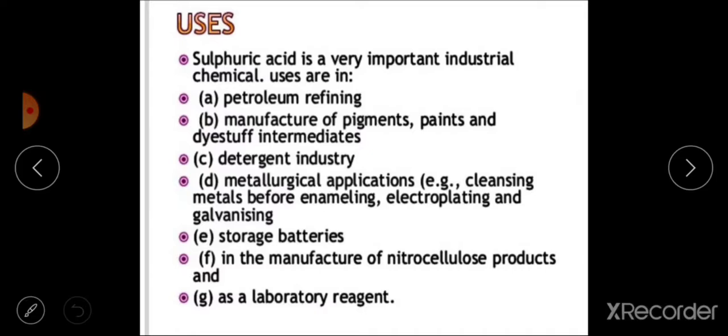It is used in petroleum refining and also in the detergent industry. It has wide application in metallurgical industries, for example cleansing of metals, electroplating and galvanizing. It is used in storage batteries. It is also used as a laboratory reagent. These are some of the uses of sulfuric acid.